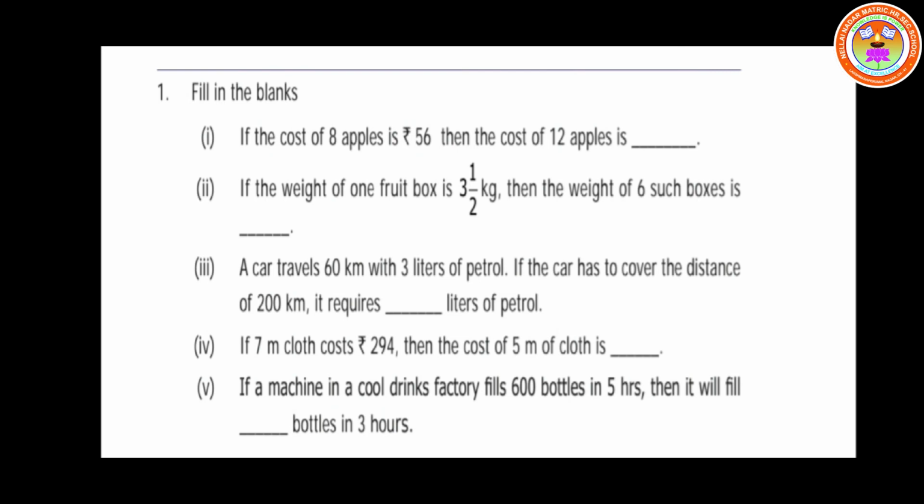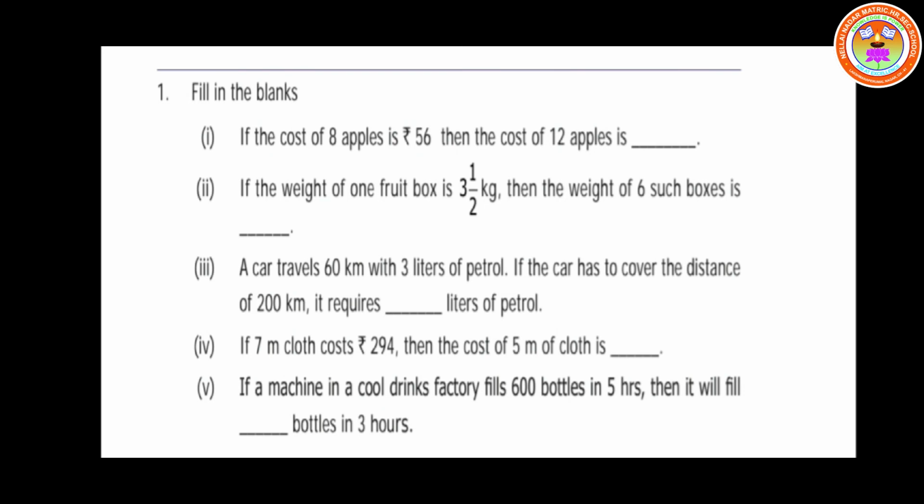Now next subdivision 4. If a 7-meter cloth costs rupees 294, then the cost of 5-meter cloth is dash. 7-meter cloth is rupees 294. So you have to find now the cost of 1-meter cloth. So divide 294 by 7. You will get 42. Okay.